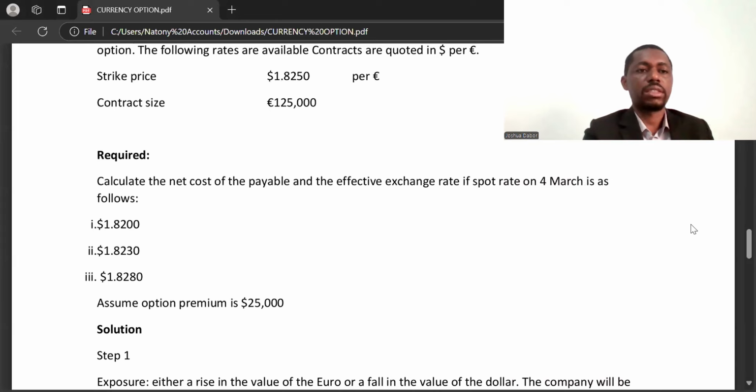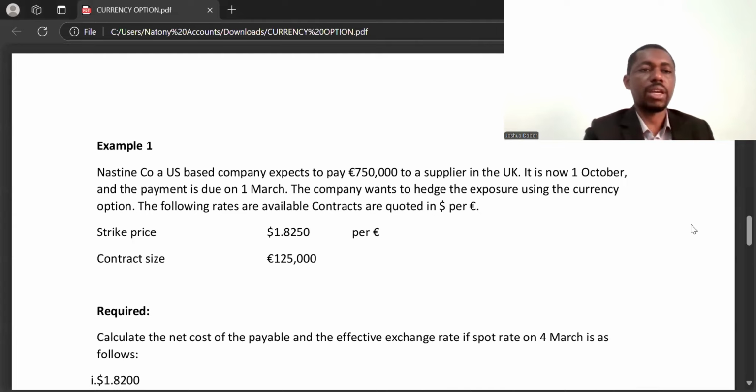So your gain or your loss will always be in this currency. Let me use the strike price.